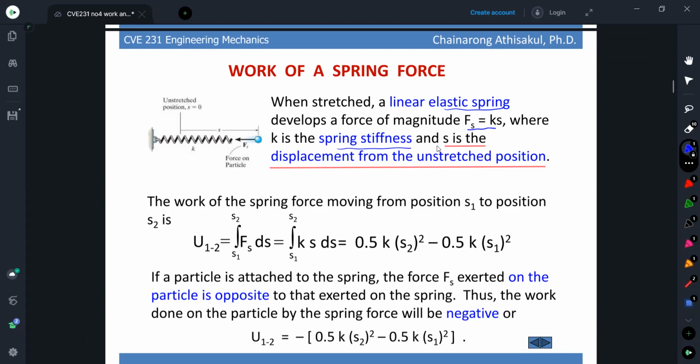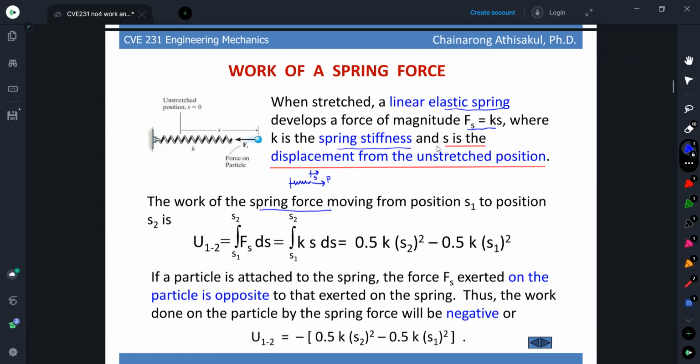For the work done on the spring by the applied force, the spring and the displacement go in the same direction.